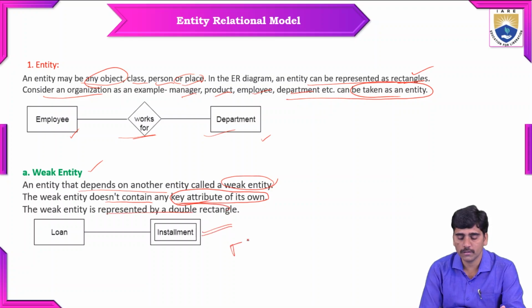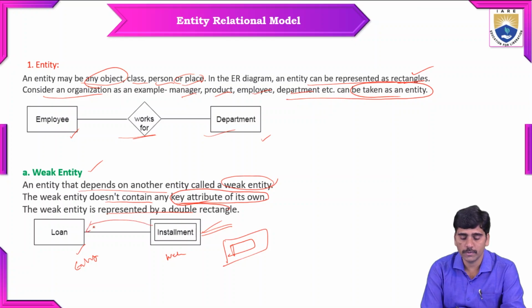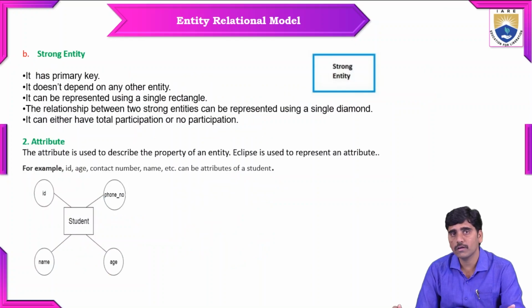In this example, the loan is the main entity and the installment is a weak entity, because the installment depends upon the loan entity.